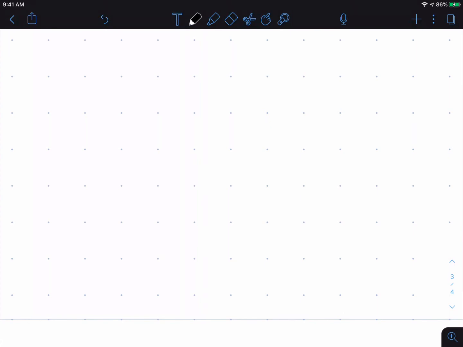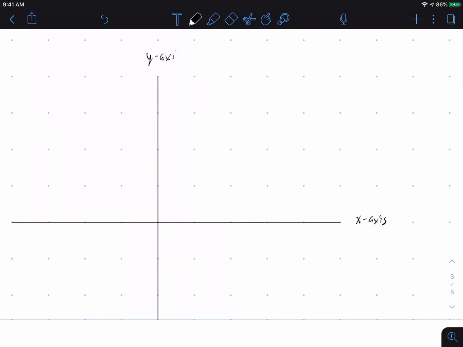Okay? So if I gave you, right, so this is the x-axis, here's the y-axis, and then I gave you something like this, right?